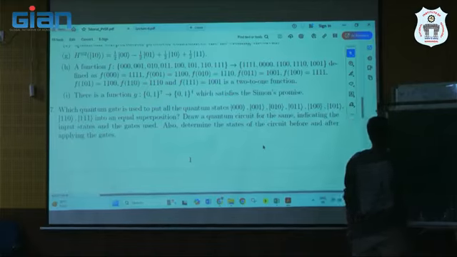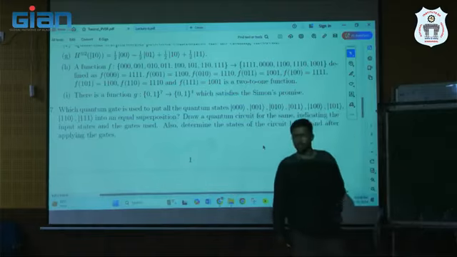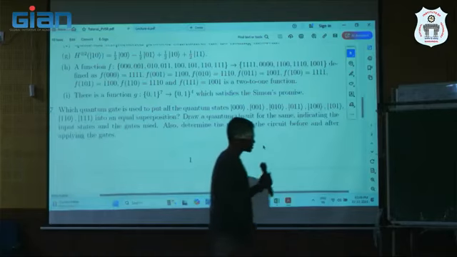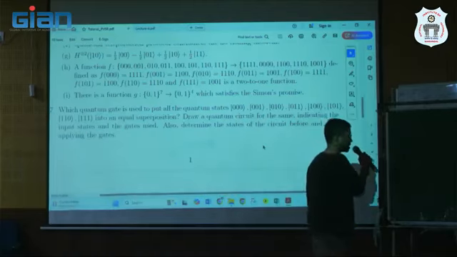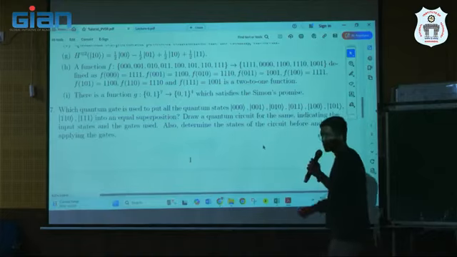It doesn't matter, this is also okay. This is okay, but this is not okay. Hadamard is a single qubit gate. Can you explain why? By applying Hadamard, can you give the final qubit state?